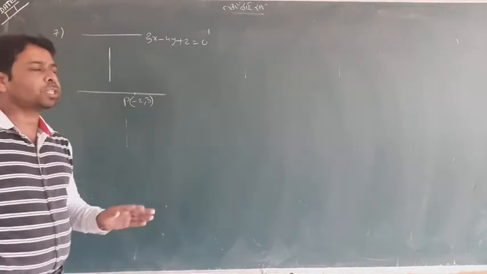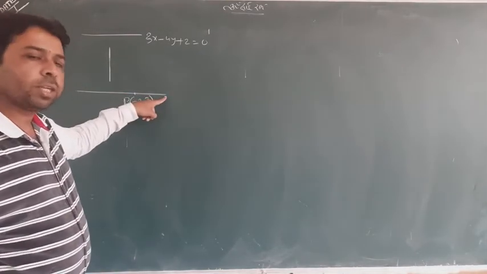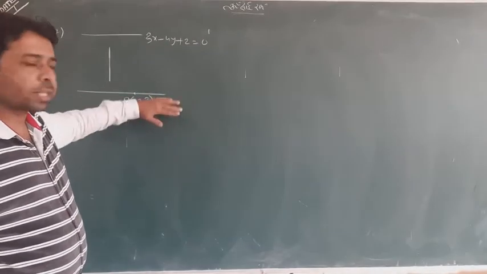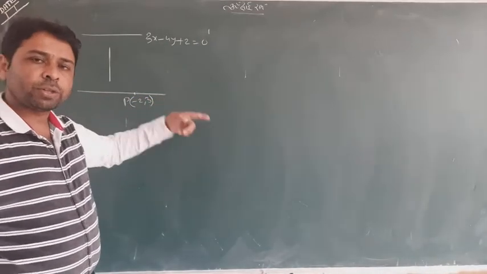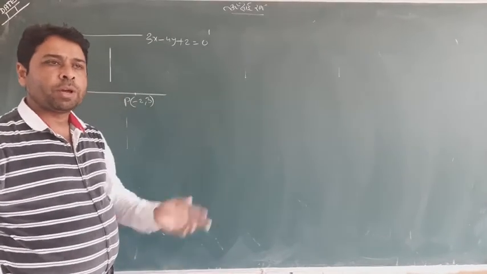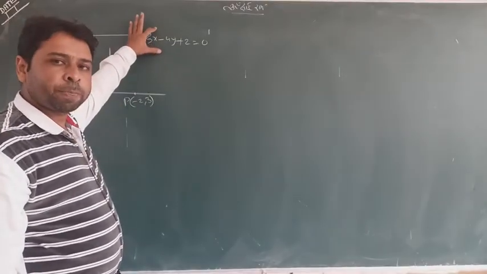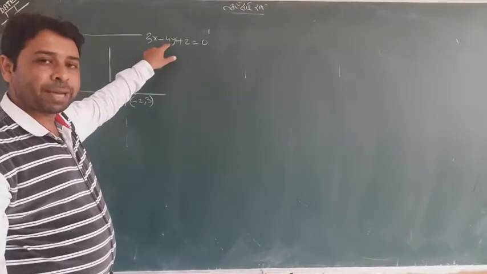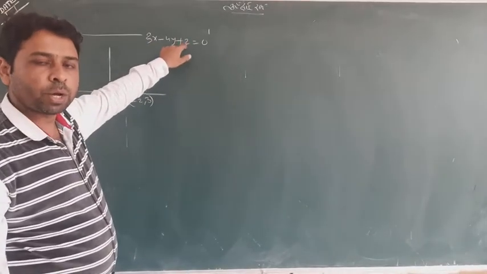Let me tell you, the question says find the equation of the required line which is parallel to this line and passes through this point. So let me explain, I taught you the concept. When you are given one line, you can find its parallel line. Just keep these two the same and change this number. I think you remember.